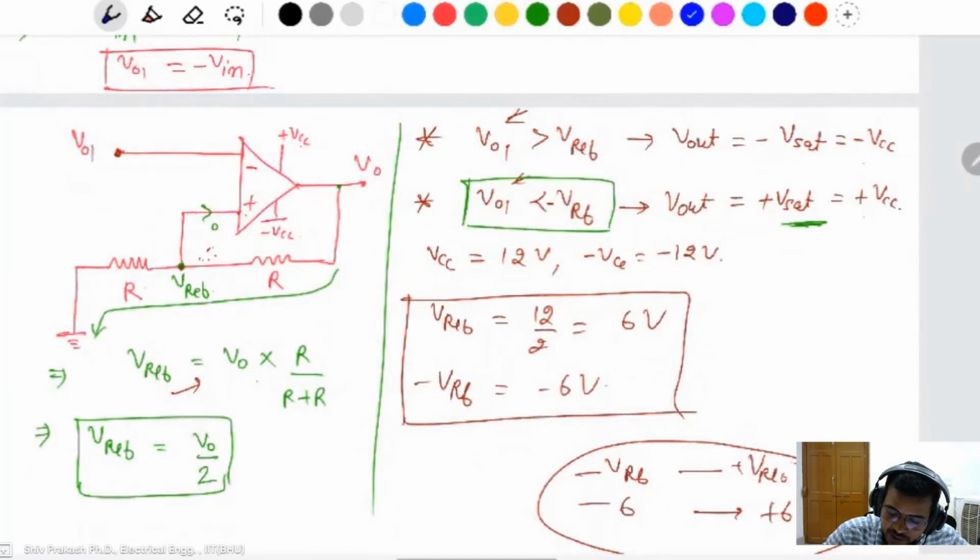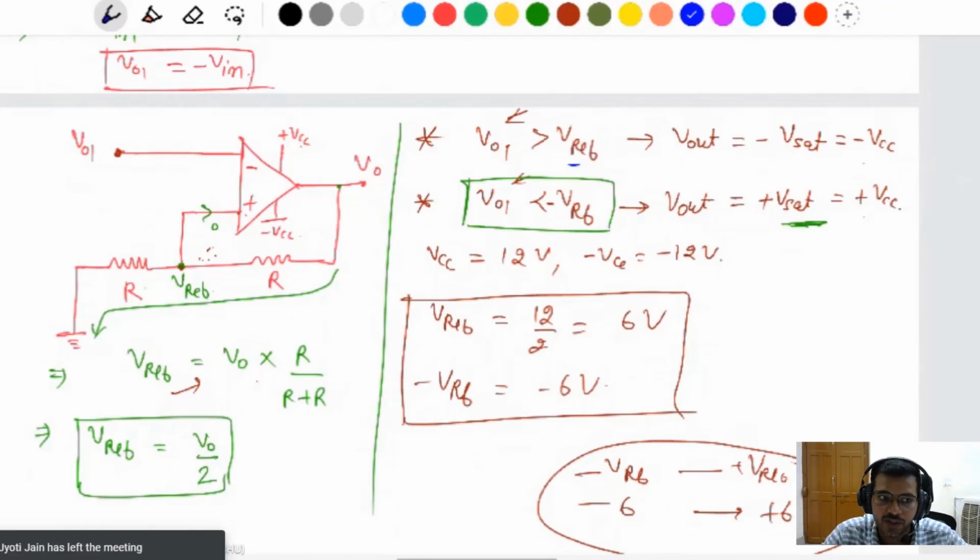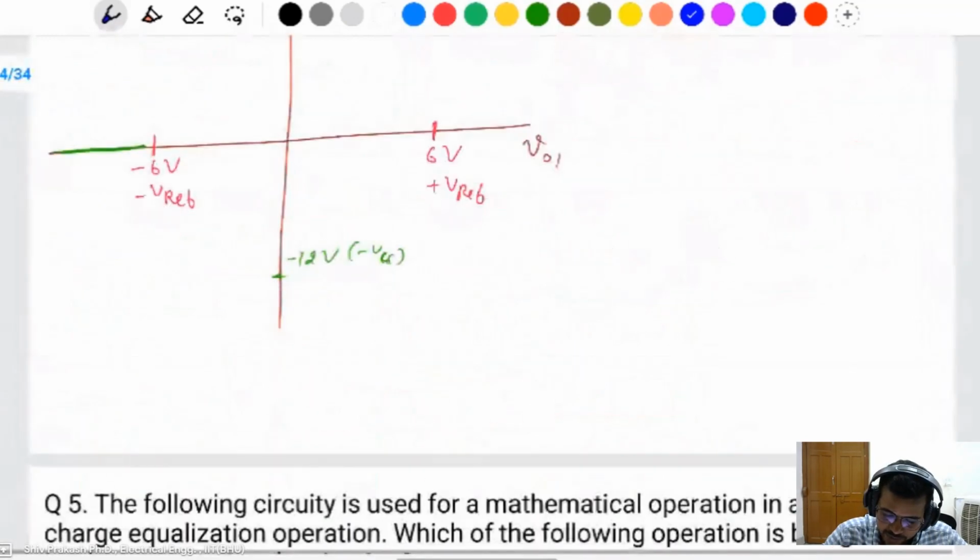And next, V output is greater than V reference. It means in the positive direction, V naught 1 is the input voltage of a Smith trigger. Then the input voltage of Smith trigger is more than the reference value. In that case, the output voltage is negative.